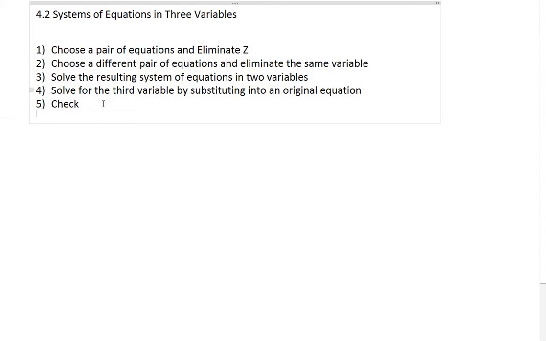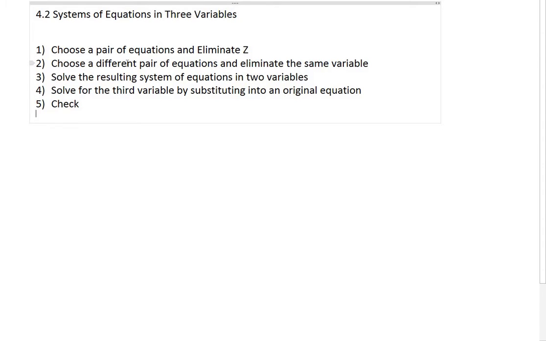We will talk about these steps again in class, but we're going to be dealing with a system of equations in 3 variables, x, y, and z. The first step is to choose a pair of equations and just eliminate the z. That'll give you an equation in x and y, something that you're very used to using.